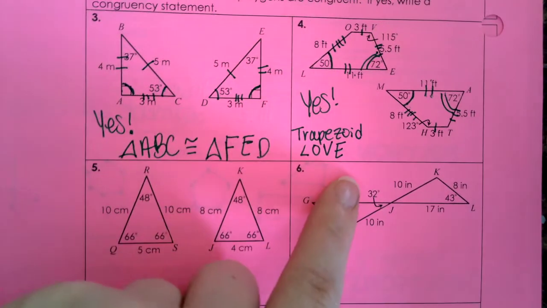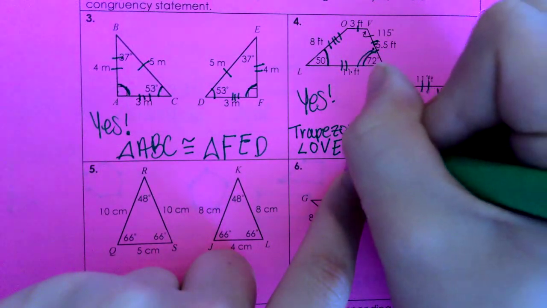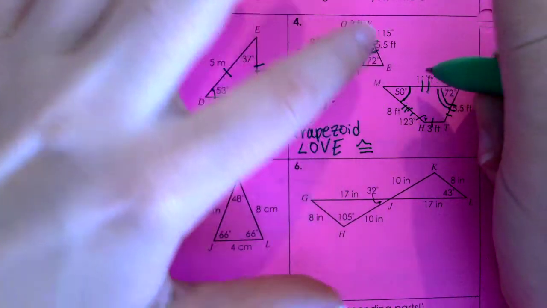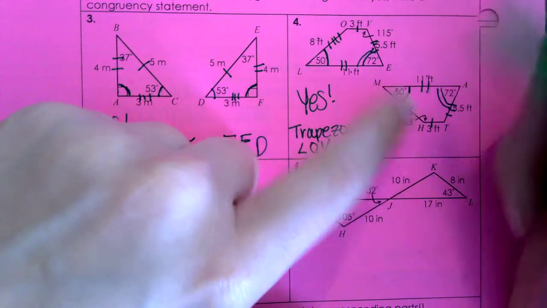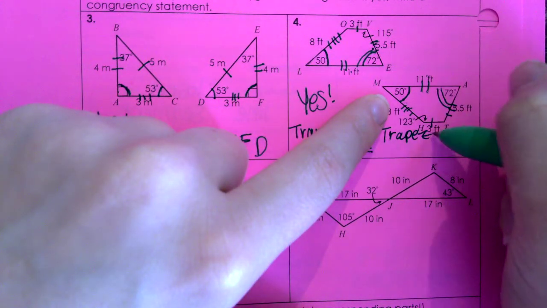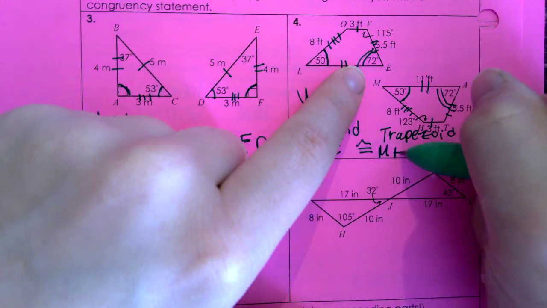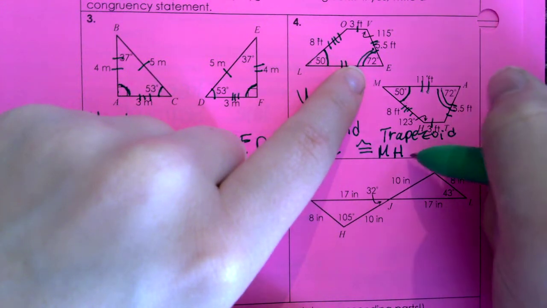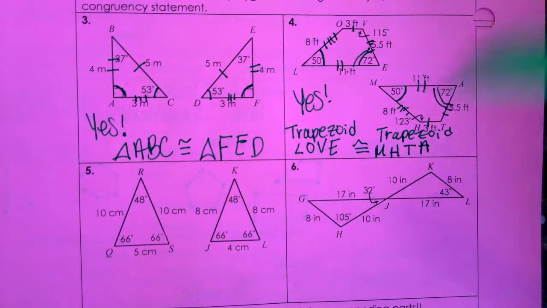So trapezoid LOVE is congruent to trapezoid M. I go along my 8 feet because that's what I did first there. So that's congruent to trapezoid MHTA. The big thing is to make sure that your letters line up with your letters.